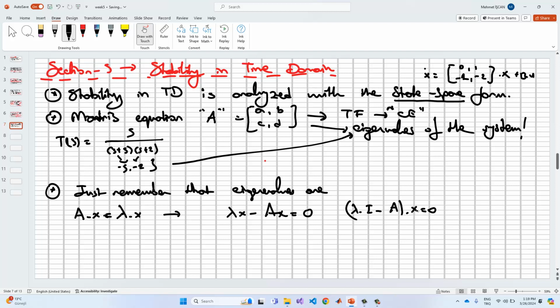Just remember the differential equation. If we find the solution of any differential equation based on 0, this gives us the homogeneous part of the differential equation.